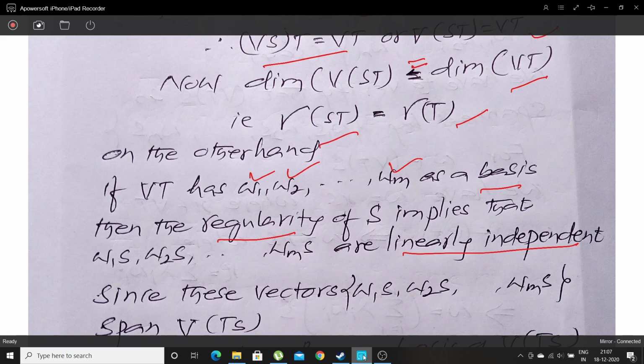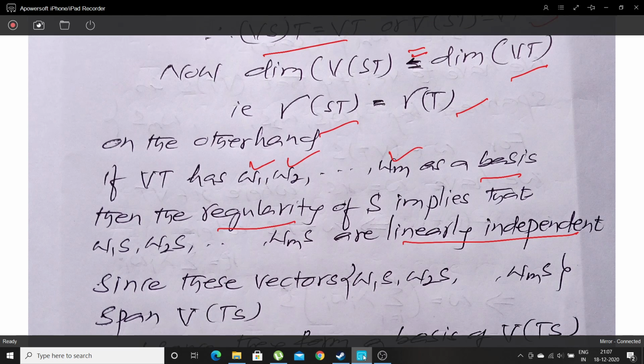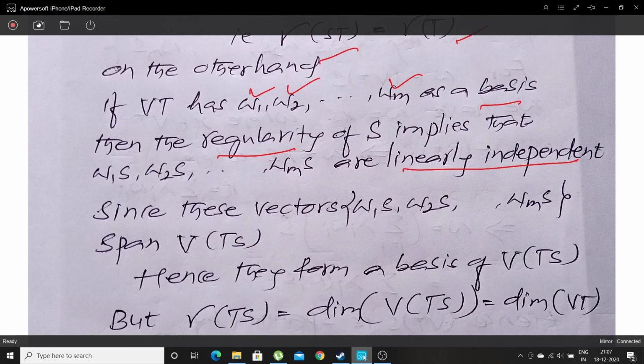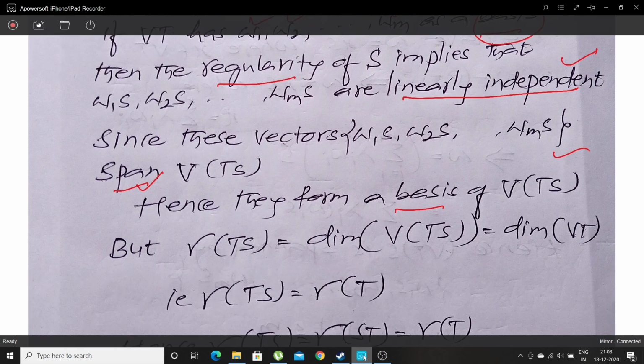If it is a basis, clearly the vectors are linearly independent and span. Since the vectors W1s to Wms span, therefore it forms a basis. That means the V of Ts forms a basis.